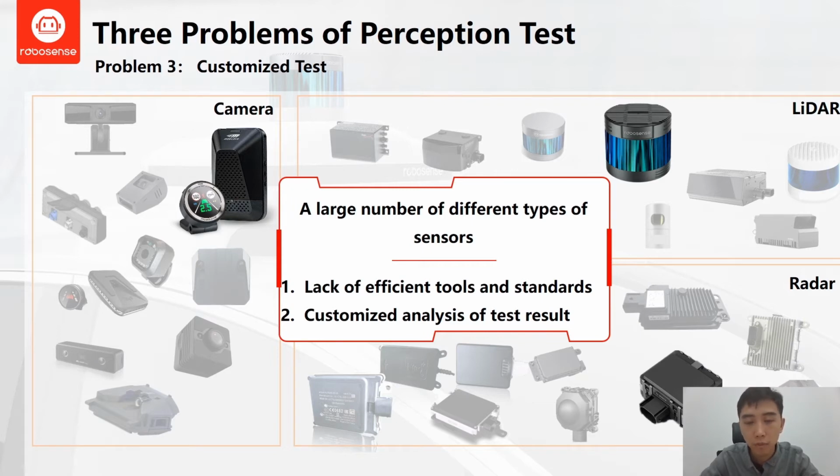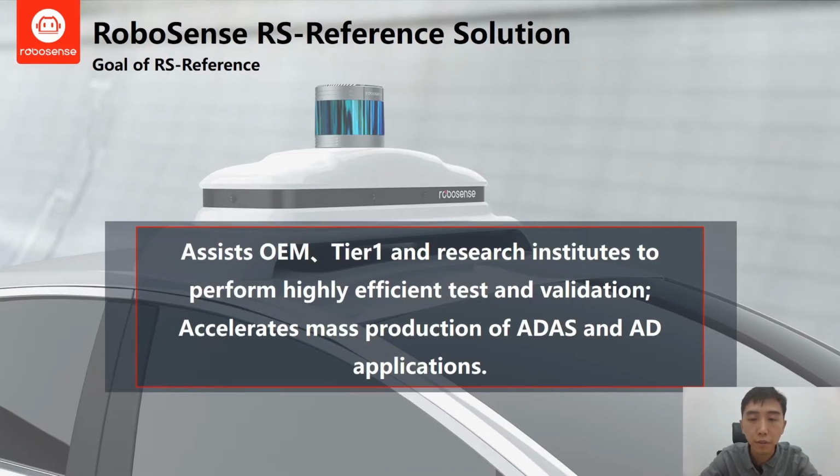This example tells us that when we design test cases for different sensors, we need to consider the differences. We need some very customized tests. These problems are very common during the test process.